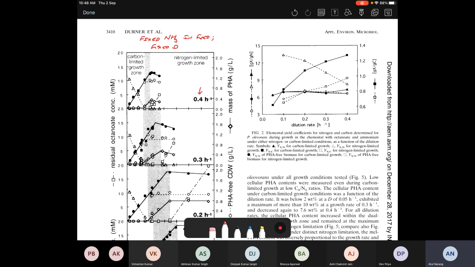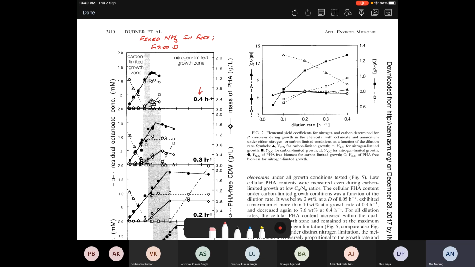Now the main point I want to make before I close the lecture is that this transition from carbon limitation to nitrogen limitation does not take place abruptly. By abruptly, I mean it does not take place immediately at some particular value of the feed concentration. There is an entire range of feed concentrations in which there is both carbon and nitrogen limitation, a dual limitation. These areas are shown in this paper by a shaded part.